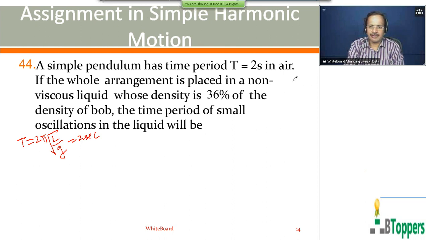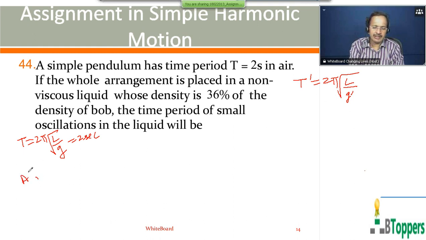The time period of small oscillations of a simple pendulum when it is completely immersed inside a non-viscous liquid is given by 2π root of L by g dash, where g dash is the apparent value of acceleration due to gravity for the body which is completely immersed inside the non-viscous liquid.